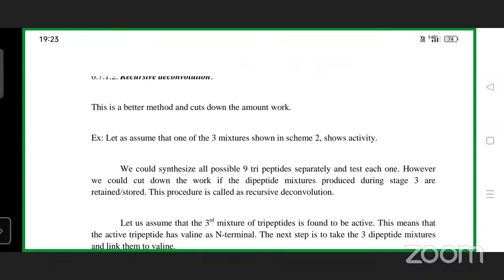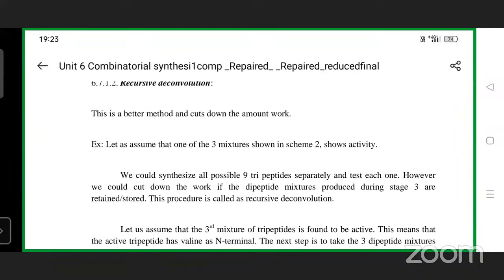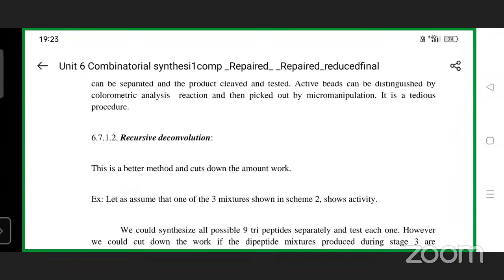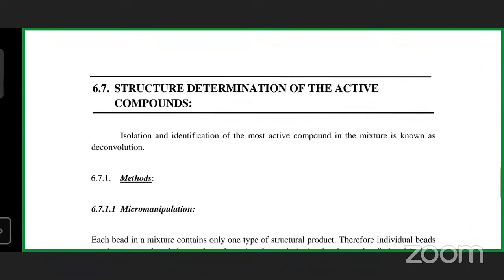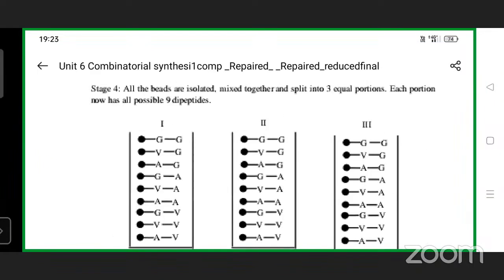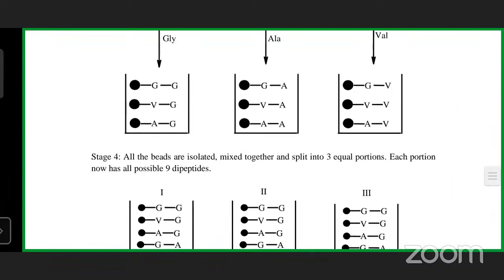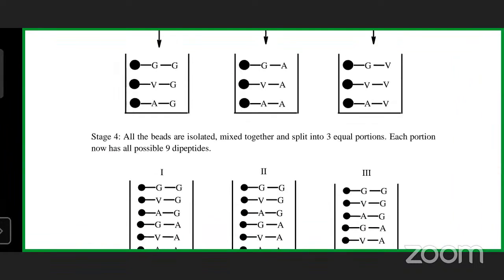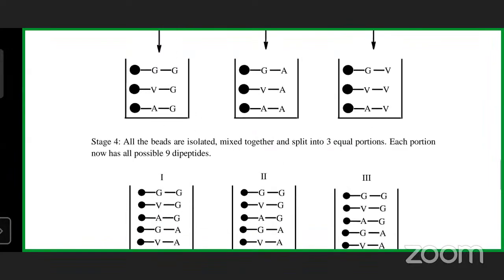So recursive deconvolution involves this. When we are going to synthesize the tripeptide, for example, in the third step we are adding the third amino acid to the dipeptide here.